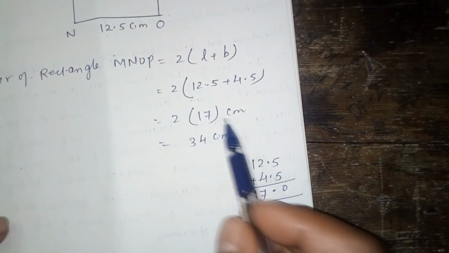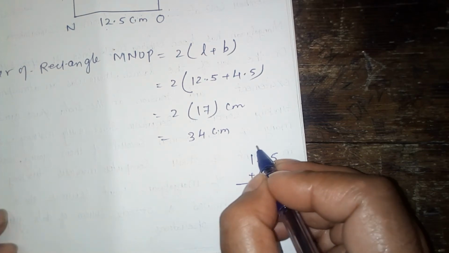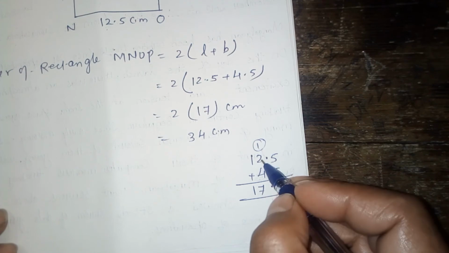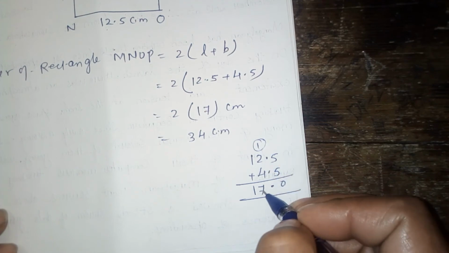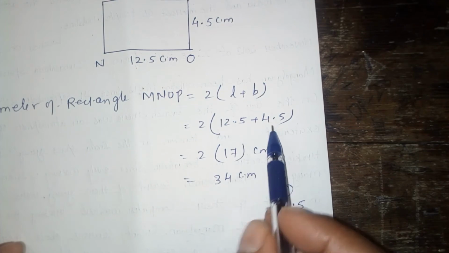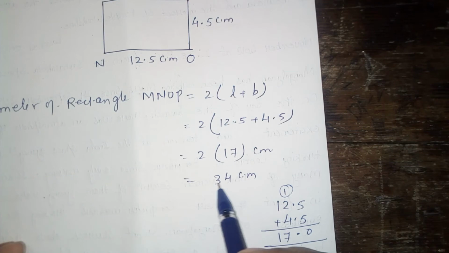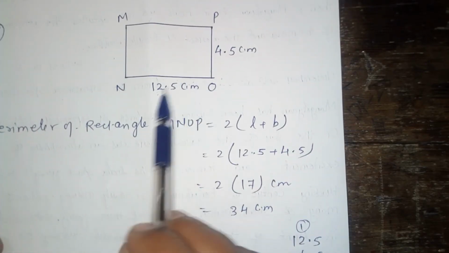After adding, 12.5 plus 4.5: 5 plus 5 is 10, this is 0, carry over is 1. 1 plus 2 is 3, 3 plus 4 is 7, and this is 1. 12.5 plus 4.5 will give you 17. 2 times 17 is 34 centimeter. 34 centimeter is the perimeter of the given rectangle.